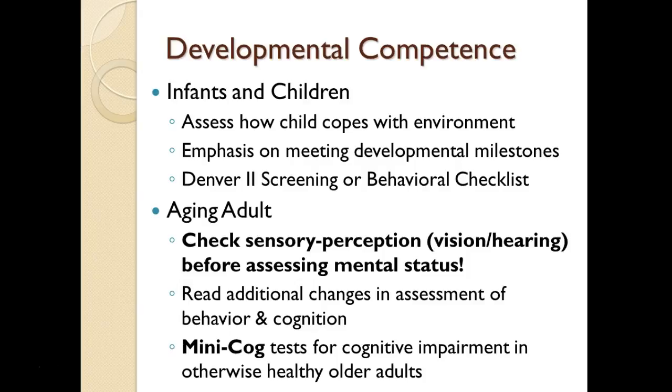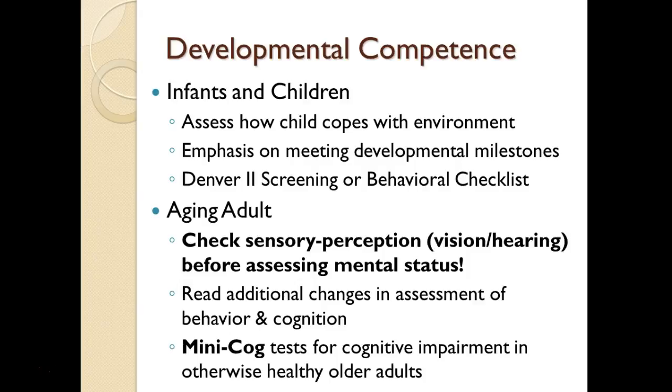With the aging adult, it is so important that we check their sensory perception because you're going to get a poor result on their mental status if they have a vision or hearing deficit and you're not picking up on that. If you're trying to assess their mental status, they're going to have a difficult time understanding the questions and talking about abstract ideas if they can't hear or they can't see well.